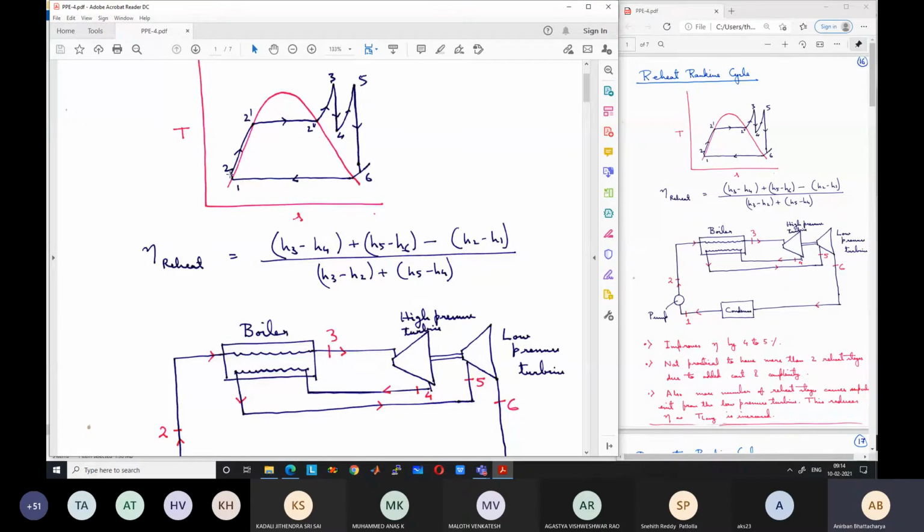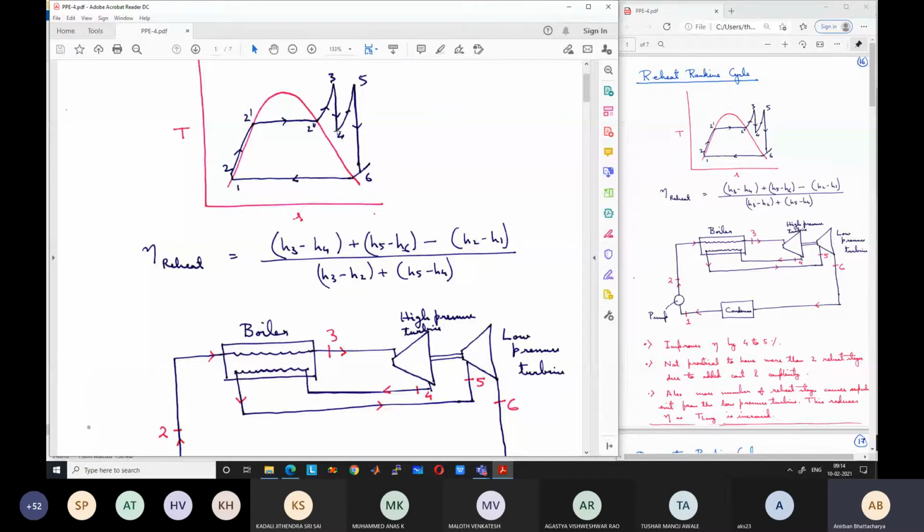Then enthalpy at point 3 is found because the temperature and pressure both are generally given. Okay. How do we find the enthalpy at point 4? One minute.